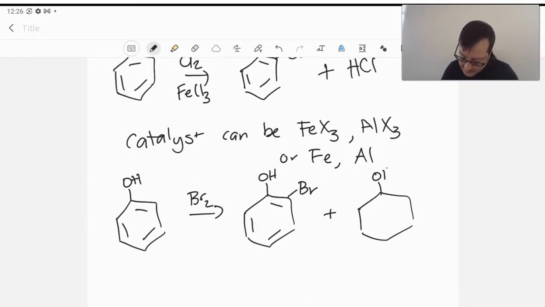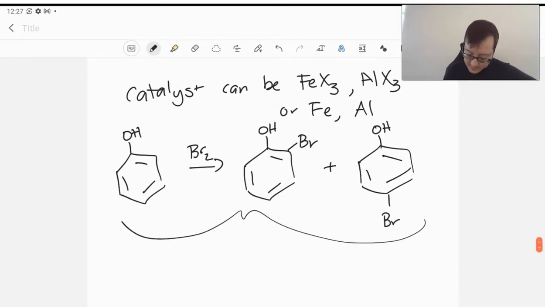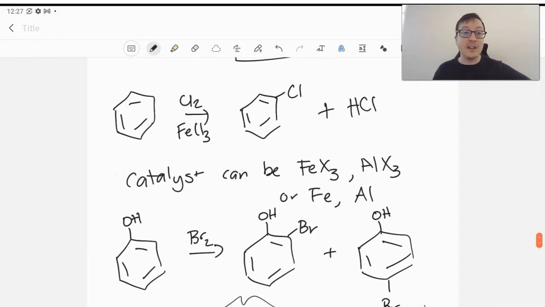We're going to see that electron donating groups will help this reaction to happen, although we will end up with a mixture of regiochemical products. And so we'll see this later on when we talk about effects of other substituents. But since this is related to the bromination, when you have an electron donating group on your benzene, you do not need the catalyst anymore. But you do need the catalyst if you are dealing with naked benzene.